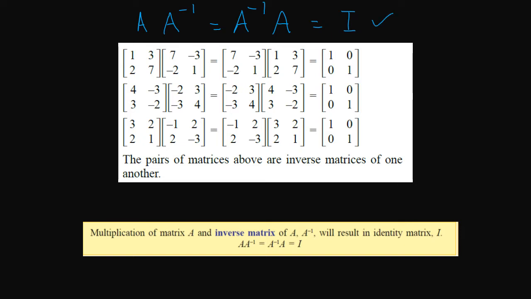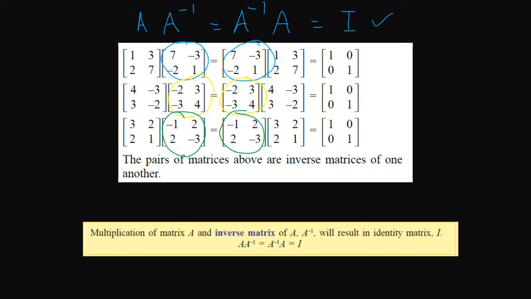This is the inverse of this matrix. So how do you do it? How do you know? You just multiply. This is the inverse matrix, and for this one, this is the inverse matrix. The one I circled is the inverse matrix.